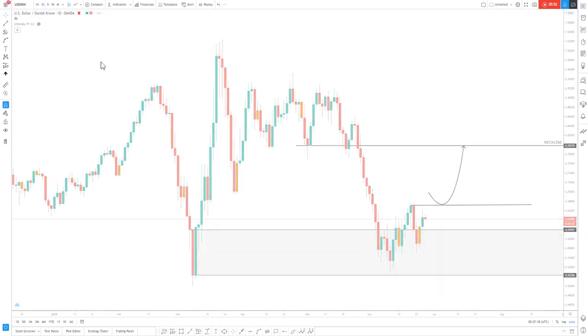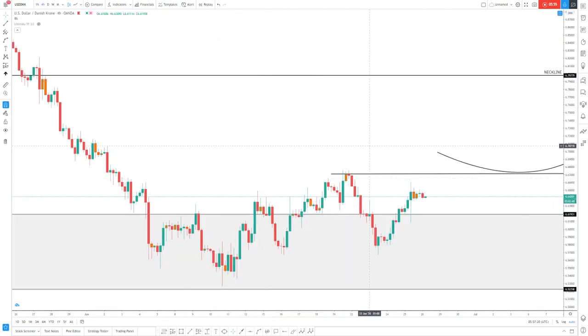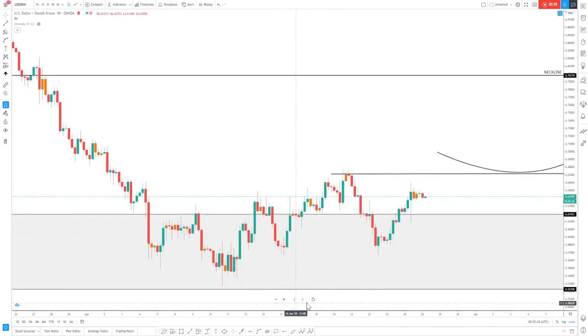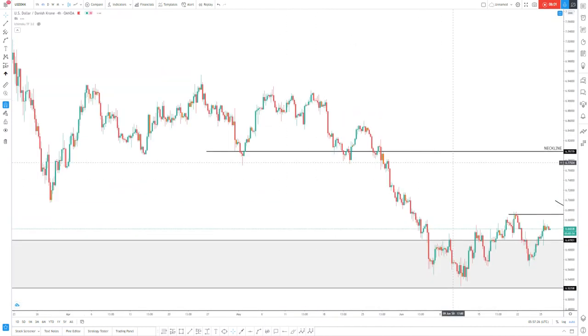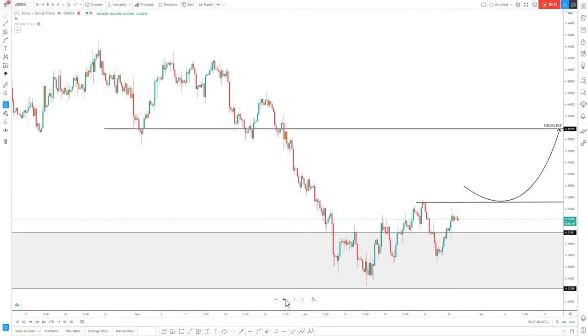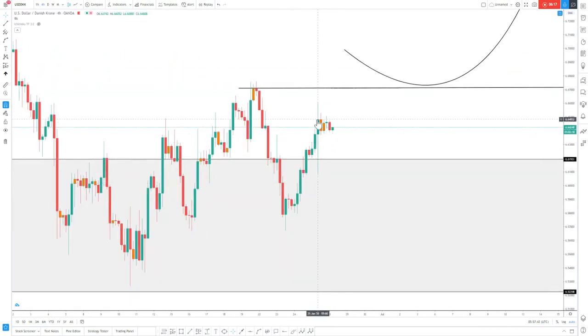Now to the 4 hour time frame. On the 4 hour time frame, we can actually see that price is doing something amazing. Look at this. We had an impulse to the upside, a correction to the downside, an impulse to the upside, a correction to the downside. Now a current impulse with this little structure here, which looks like a bull flag.